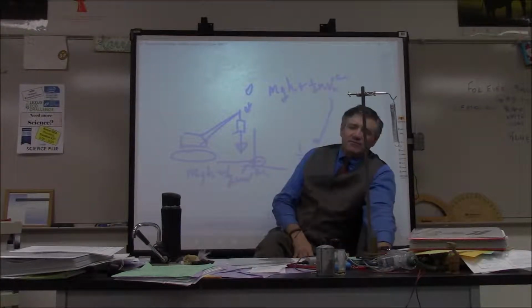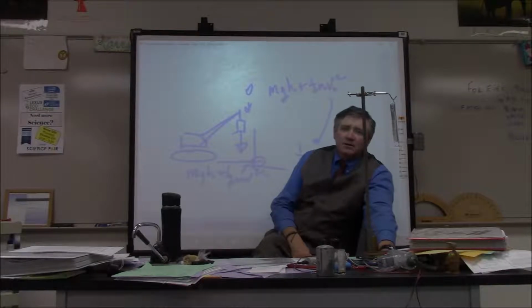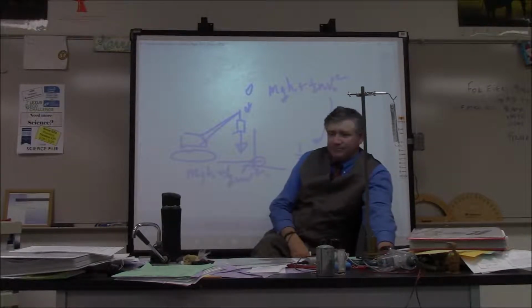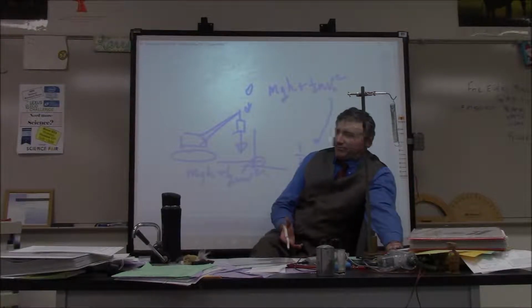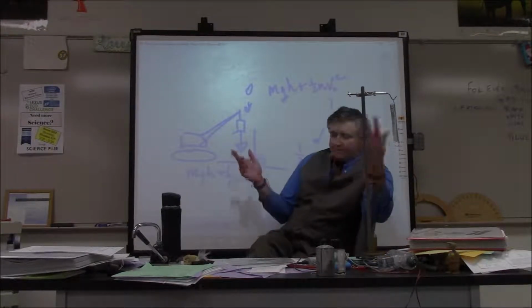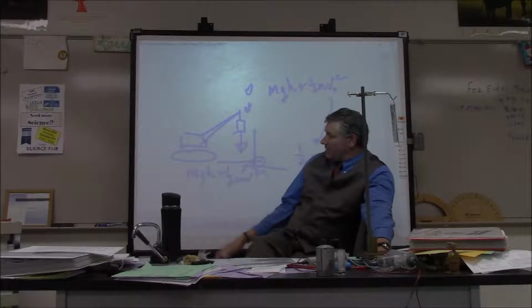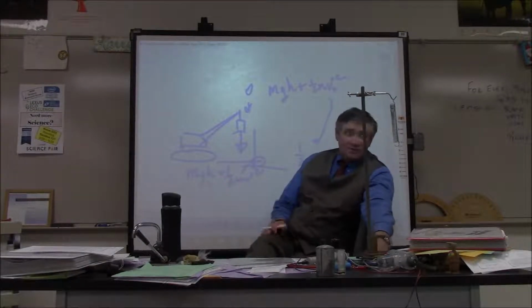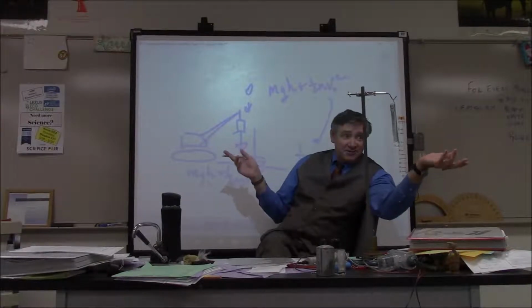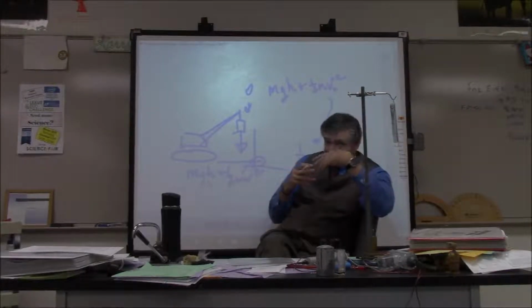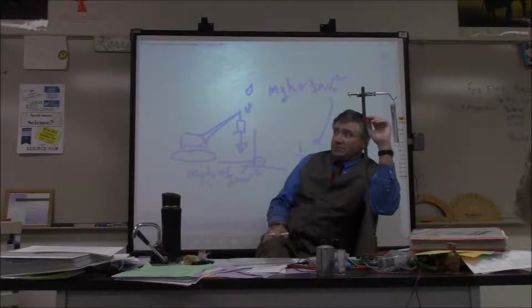Now, why didn't I give you the mass of the car? You don't need it, it cancels out. And if you're really hung up on it, make up a mass. Make the mass 10 kilograms, I don't care. It's going to cancel out anyway. Anyway, so that's one way you can do it. You could just use that equation, okay? You don't have to do it from an energy perspective. You can just use that equation, okay?